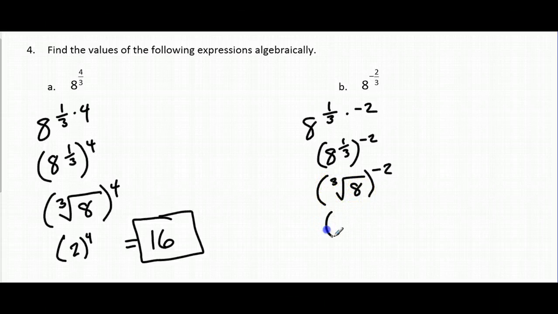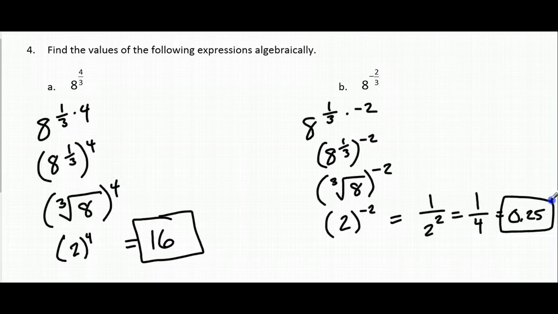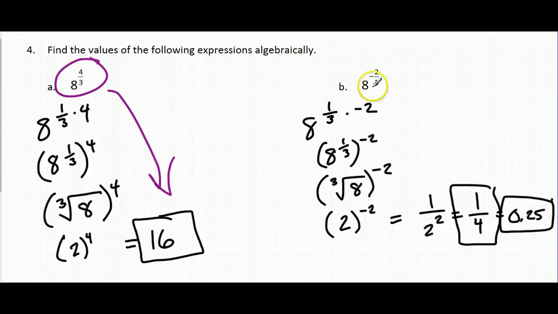The cube root of 8 is 2, so 2 to the negative 2. And anytime we're dealing with a negative exponent, we flip it, so that becomes 1 over 2 squared, which is 1 over 4, or 0.25. The fraction is a little bit more accurate, so we'd leave it as the fraction.